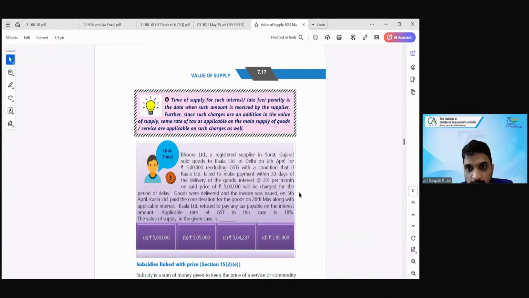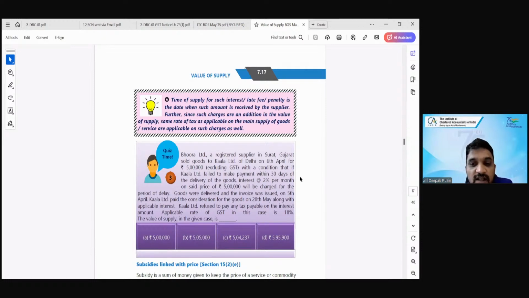Yes. Bura Limited, a registered supplier in Surat, Gujarat, sold goods to Kala Limited of Delhi on 6th April for 5 lakh rupees, with the condition that if Kala Limited failed to make the payment within 30 days of the delivery of the goods, interest at 2% per month on the said price of 5 lakh will be charged for the period of delay. Okay, so these are the terms. The goods were supplied on 6th April.